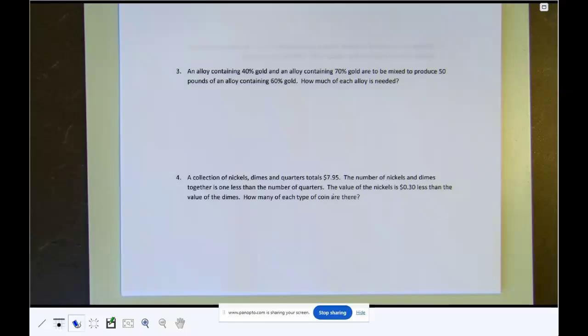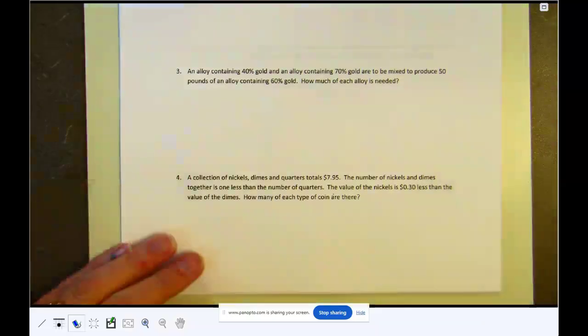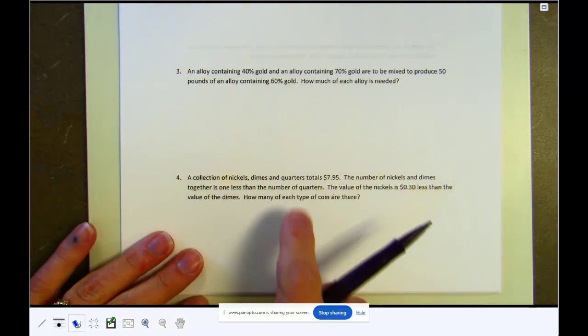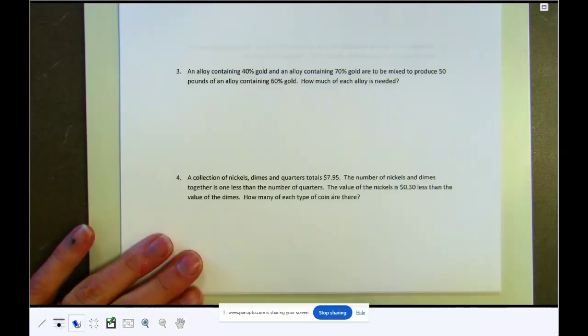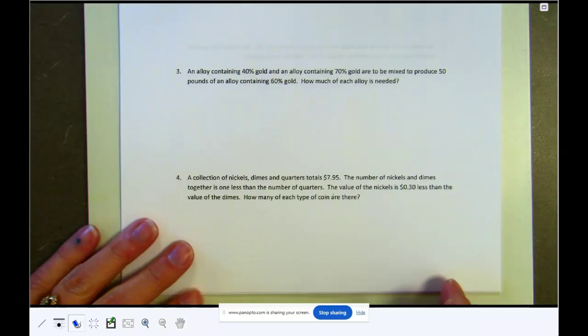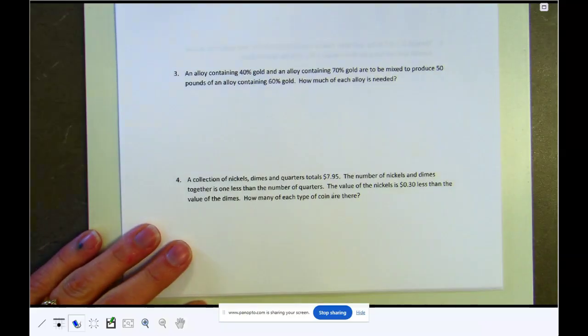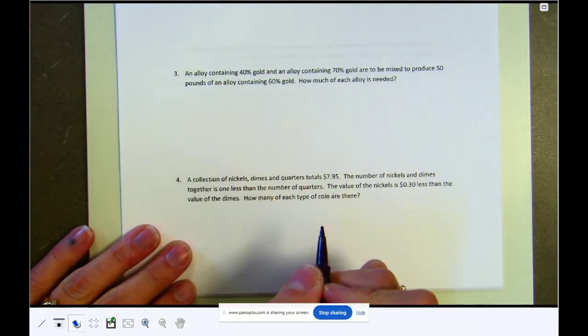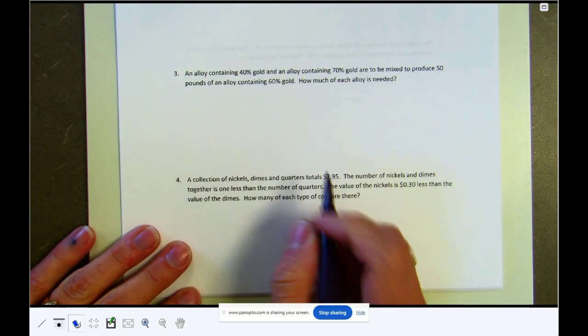Okay, so question for you on this one. How many totals do you see? There's only one. Okay, so if you see only one total, that is a pretty good indication that the other 2 are comparison statements. So what's the first equation? This should be the one that you're like, yep, I can write this one. Nope.